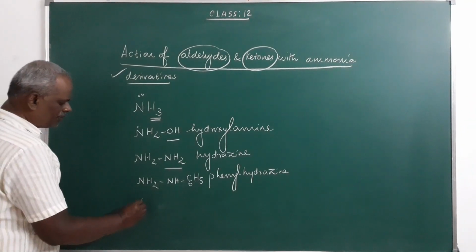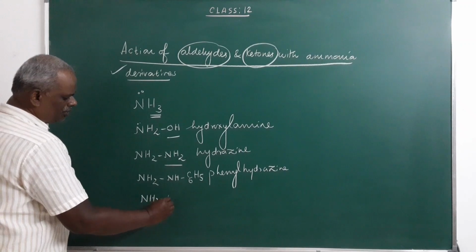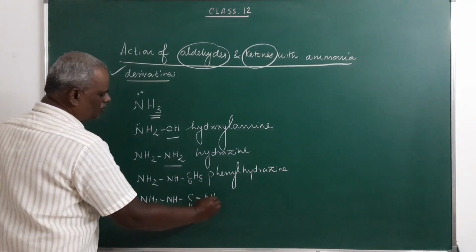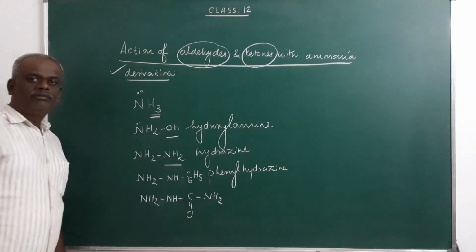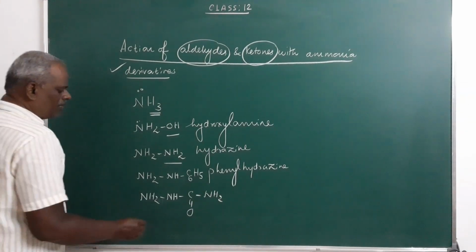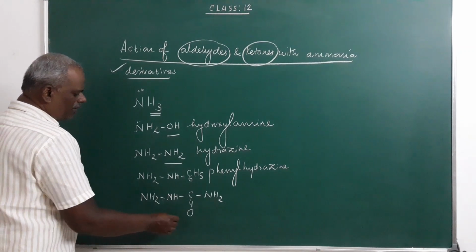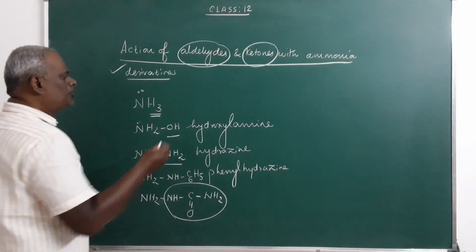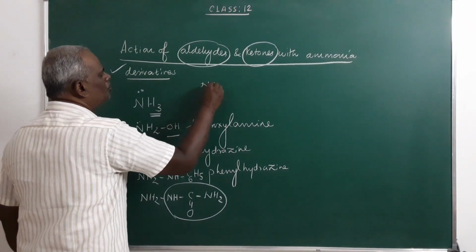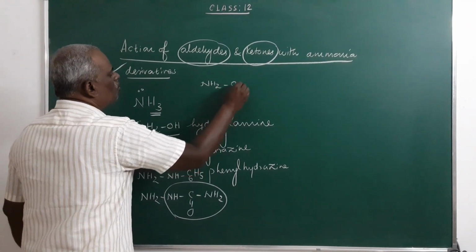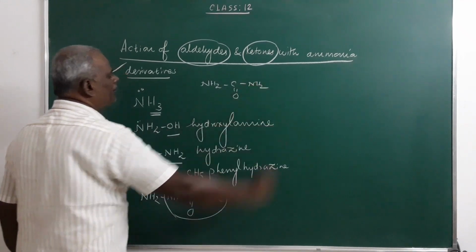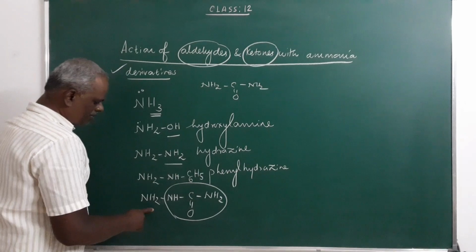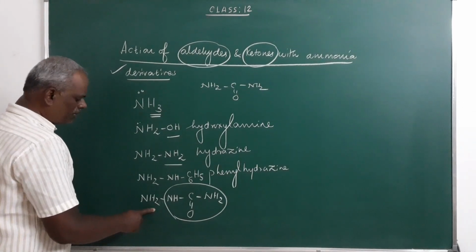And another case, NH2 NH C double bond O NH2. Actually, this is a derivative of ammonia where the hydrogen is replaced by this particular group. You know this is the diamide, NH2 CONH2, urea.